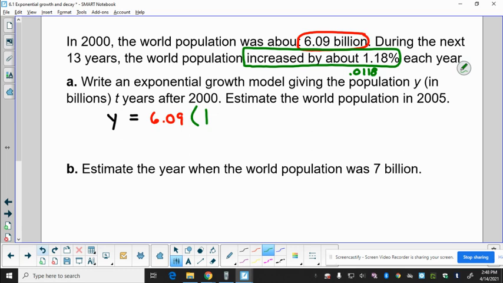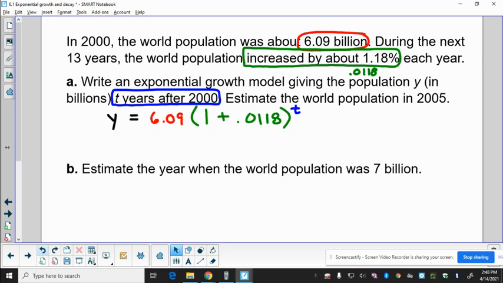So it's 100% plus it's increasing by 1.18%. And this is in terms of time. Okay, let's remember this though. It's T years after the year 2000. So that will be important. So we got the first part of the problem finished.